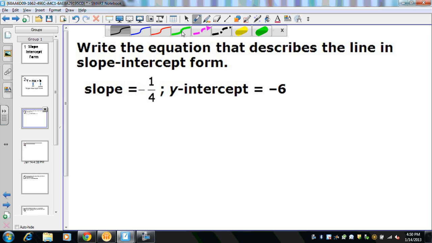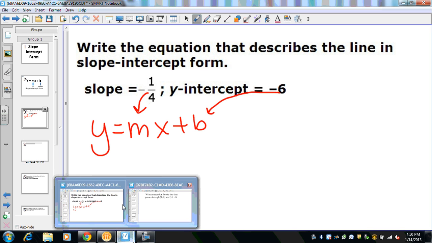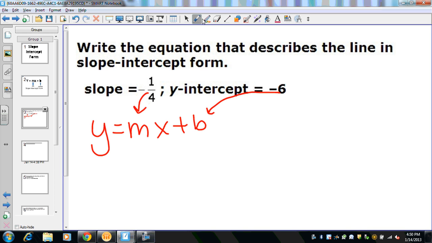So, I'm going to write that formula down again, and that formula was y = mx + b, okay? And so again, the slope stands for m, and the y-intercept we're going to replace with b. So that's going to mean y = -1/4 x + b.